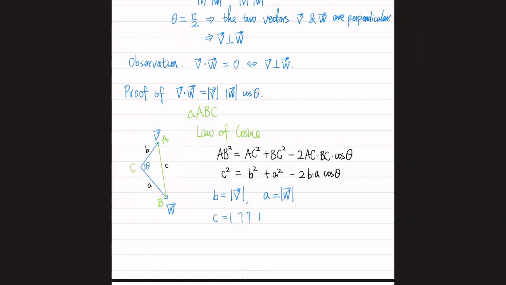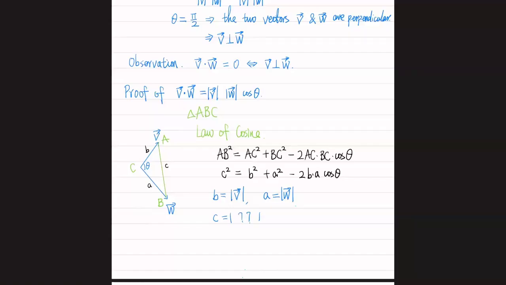Okay, so now let's check. We have vector v, vector w. How do we add them? We move this to the endpoint, then we connect. This is the summation. It's different from this. What's this? That is the opposite of that. So this will be the difference, not the summation.